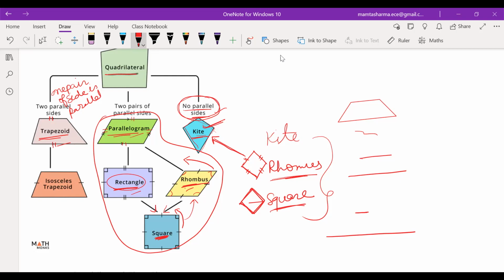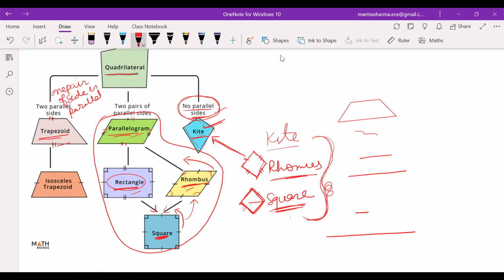But since we can make the kite shape from the rhombus and from the square also, for this special case we have two pairs of parallel sides. So this rhombus and square are trapezium.